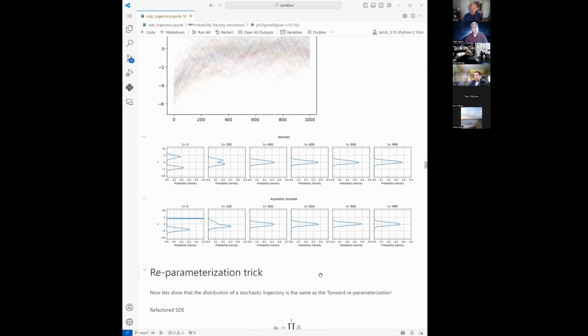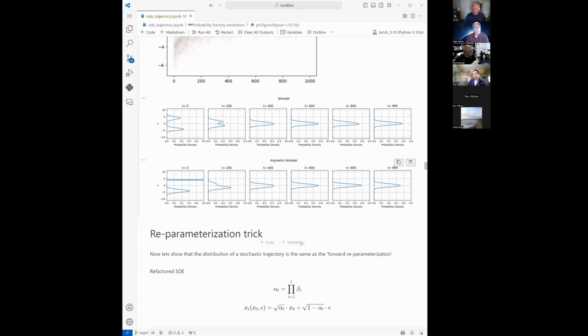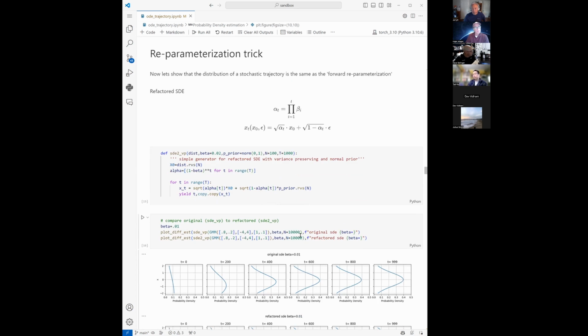There's the PDF view of the same thing. The bottom one has the low variance and high variance, and then they kind of combine together. So that was just background, looking at what these trajectories look like from a stochastic perspective. Any questions on that?